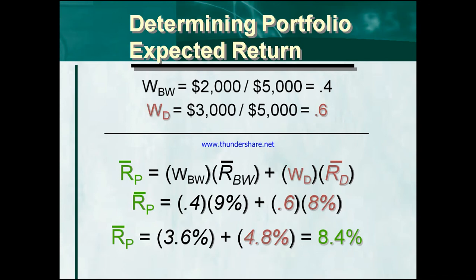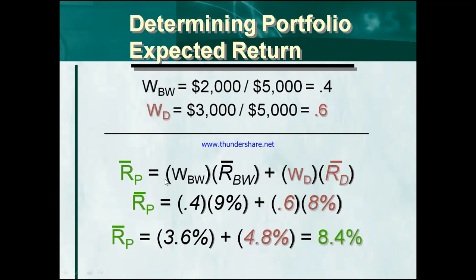What is the proportion, the weighted average, of each asset relative to the total investment? $2,000 divided by $5,000 gives 0.4, and $3,000 divided by $5,000 gives 0.6. We get these ratios.